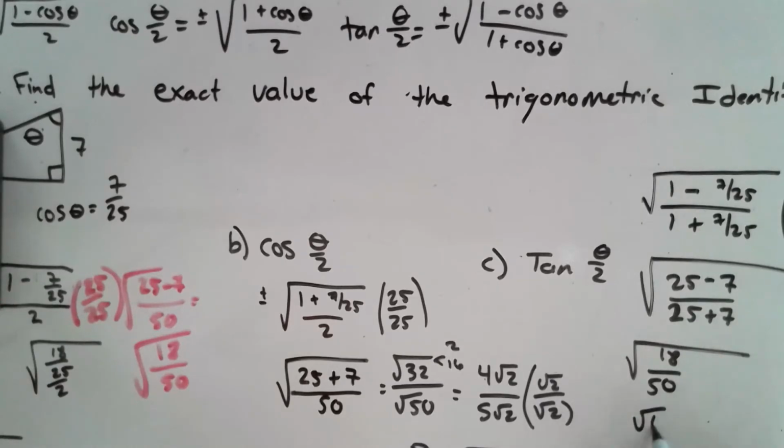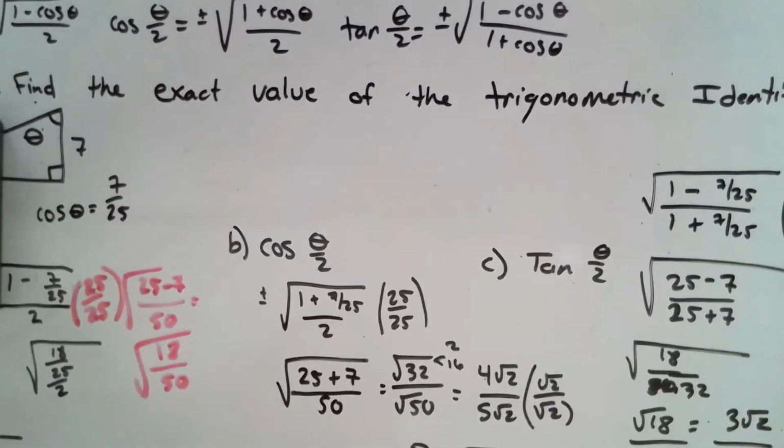And we know the square root of 18 already is 3 square root 2. And we know the square root of 32 already is 4 square root 2.